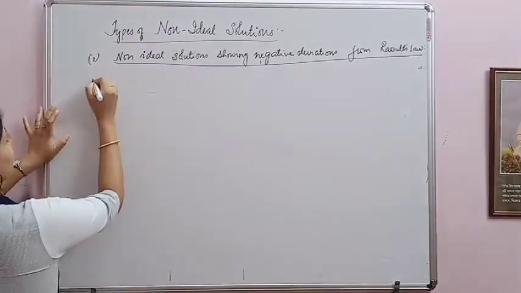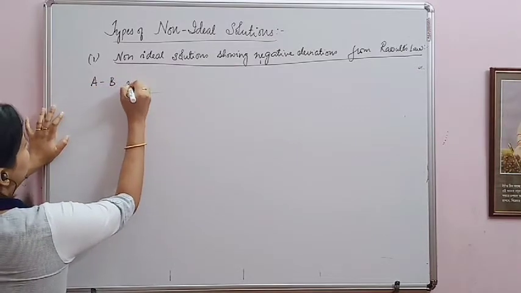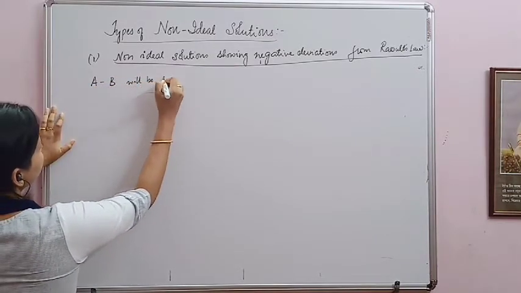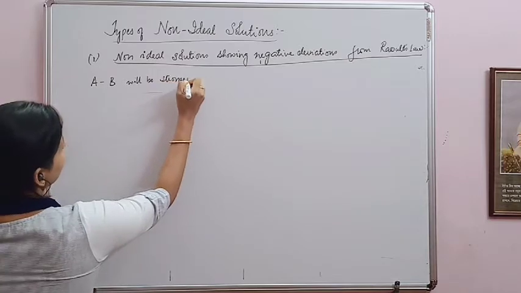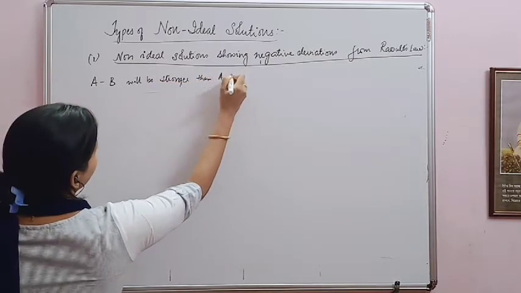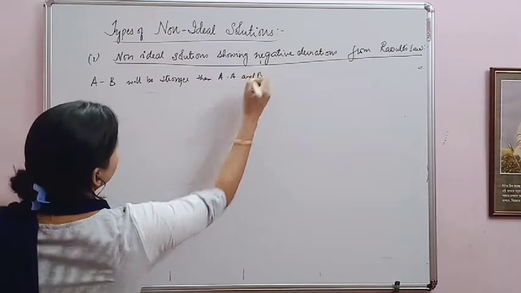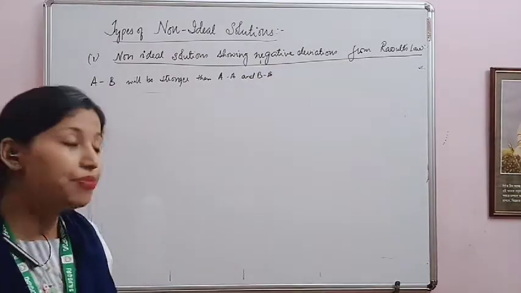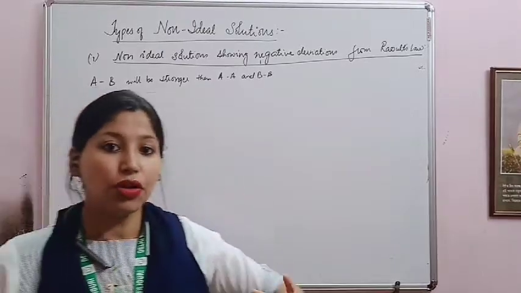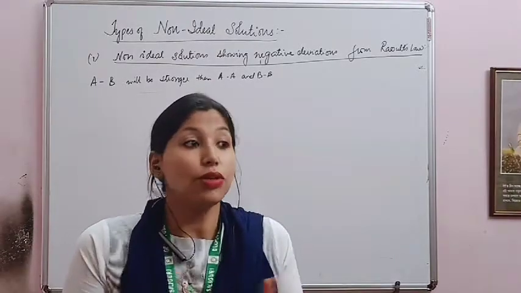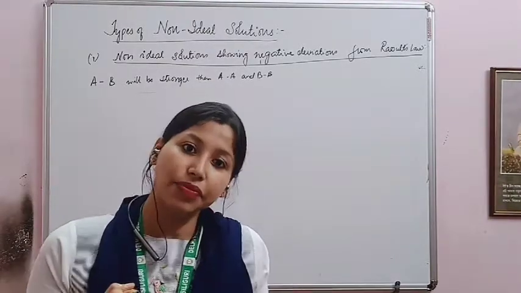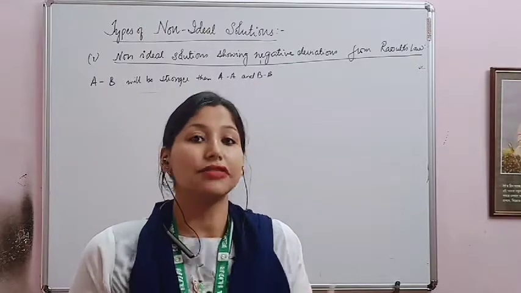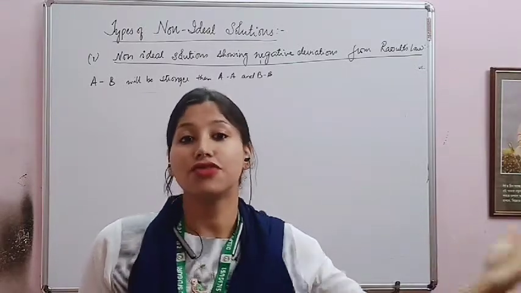In this case, AB interactions will be stronger than AA and BB. Clear? That means A molecules and B molecules are holding each other very tightly. The molecular interactions are very strong.